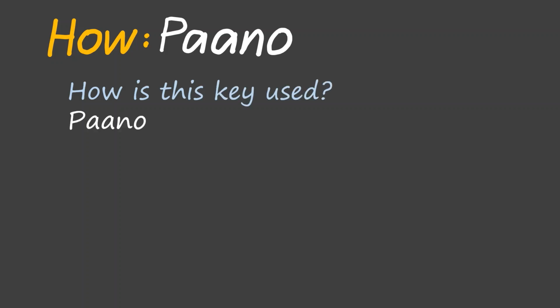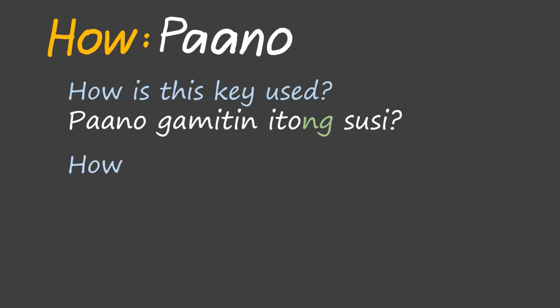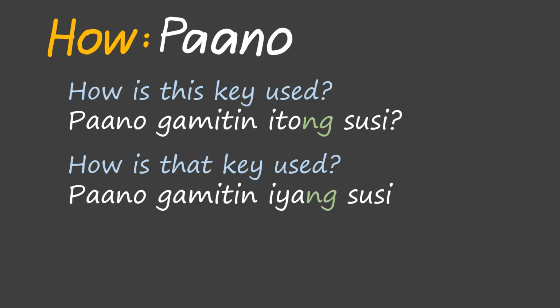Now let us look at sentences asking about how to use a specific object. How is this key used? Paano gamitin itong susi? How is that key used? Paano gamitin iyang susi?